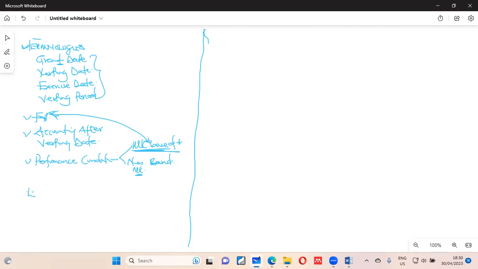When we talk about equity settled share-based payment, and we use options as an example, an option is something that is granted to you. The word option means choice.